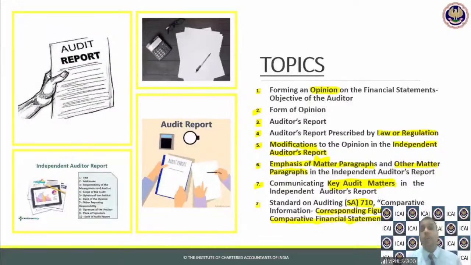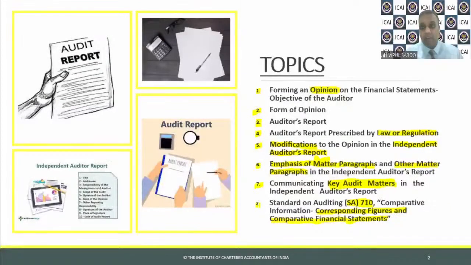So what we are going to do today, we will be discussing the objective of the auditor, the various forms of opinion, then we'll be discussing various matters to be considered by the auditor.